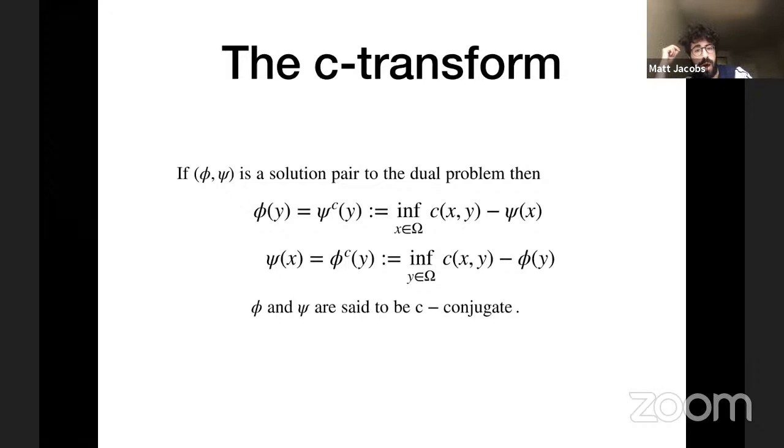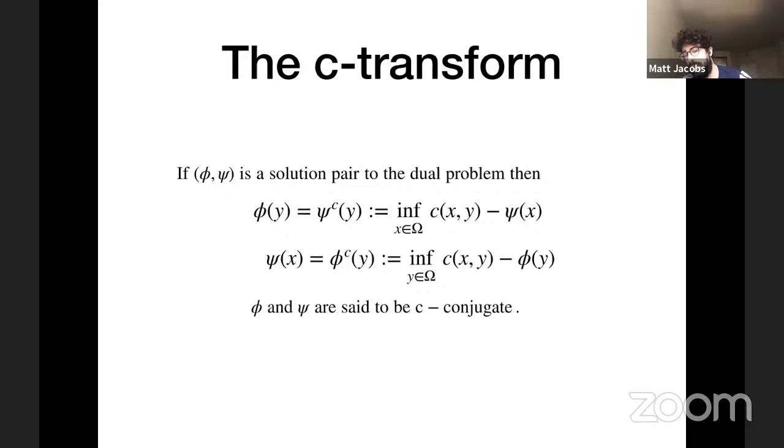If I have some solution pair, then I know that they need to be related to each other through these C transforms. So if I fix psi, the best thing I can do for phi is to subtract psi to the other side and choose the largest thing that respects the constraint. And vice versa for the other one, right? And when you do these two things, you get these C transforms.